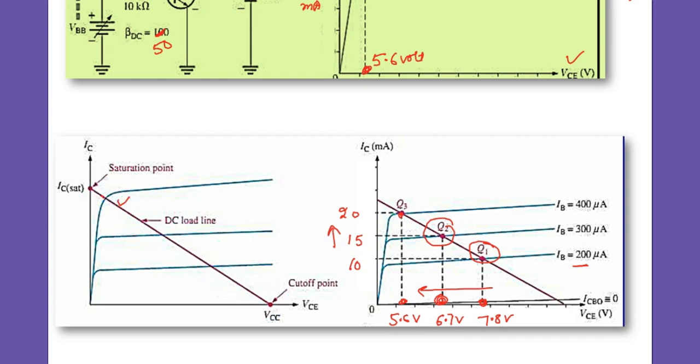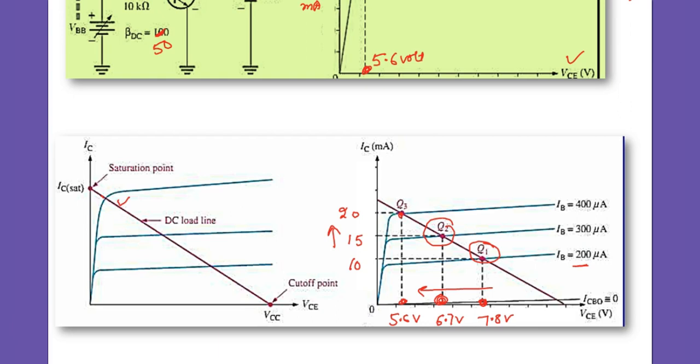It is showing that VCE and IC are reciprocal. So this line is called the load line. How do we draw this load line? Simple.